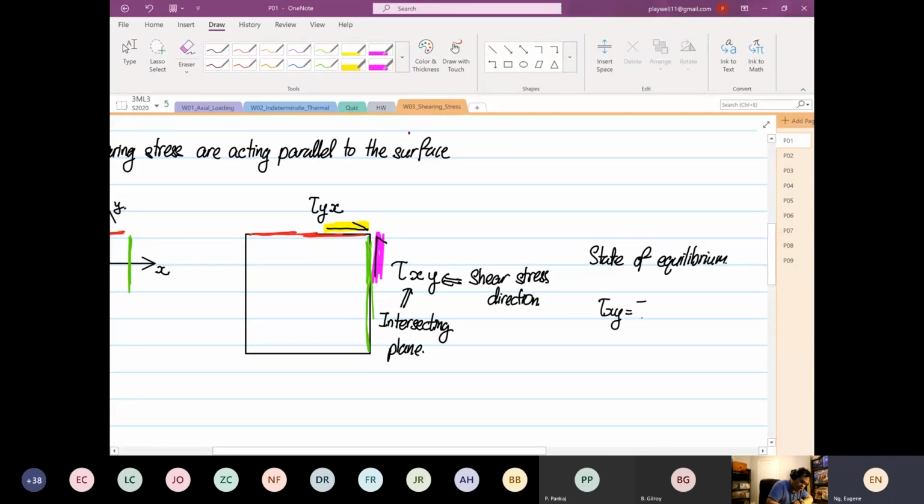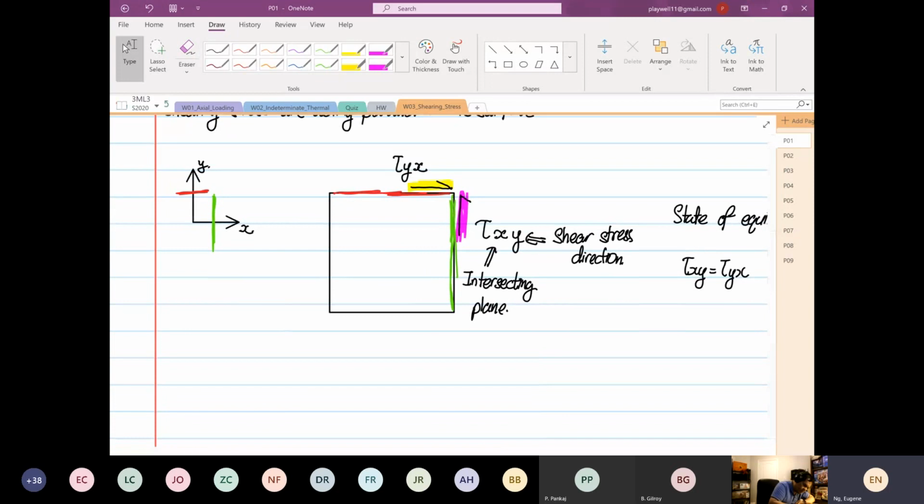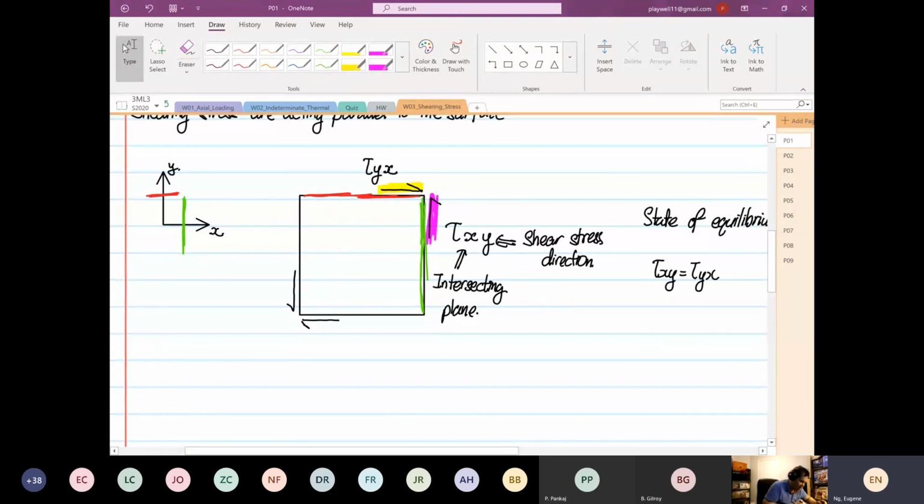Always the case. Likewise, if you are to draw the full element, the other shear direction will go this way. And how the element will deform is in this way. So the deformation pattern looks like this. You pinch both ends. I will teach more on the deformation pattern later on when we do 2D and 3D Mohr's circle, but this is just for you to know.